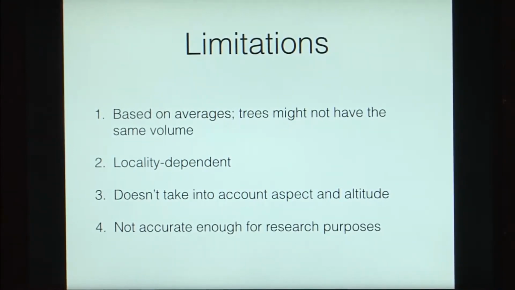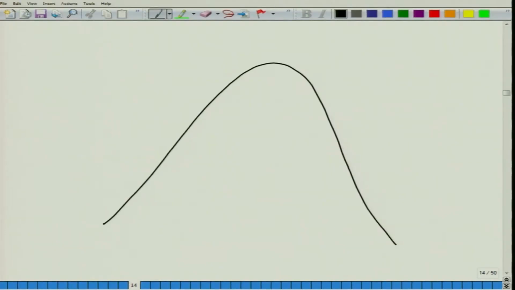So, for instance, if we considered a hill, and suppose this is towards the south and this is towards the north. In the case of India, which is lying in the northern hemisphere, the sun is always towards the south.